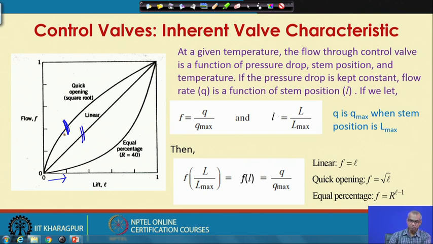So, a quick opening valve can be used as an on-off controller. A small change in the lift will cause a large change in the flow rate. It is true for increasing lift as well as decreasing lift.